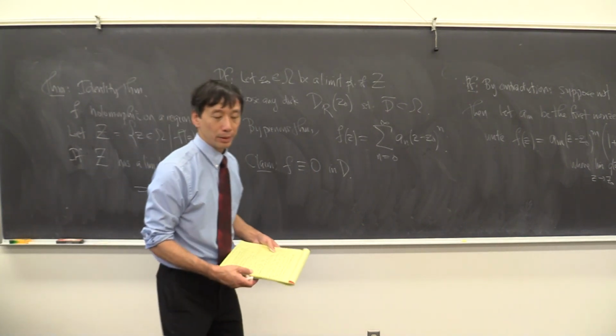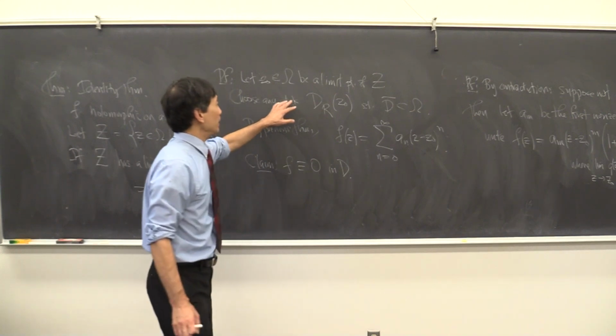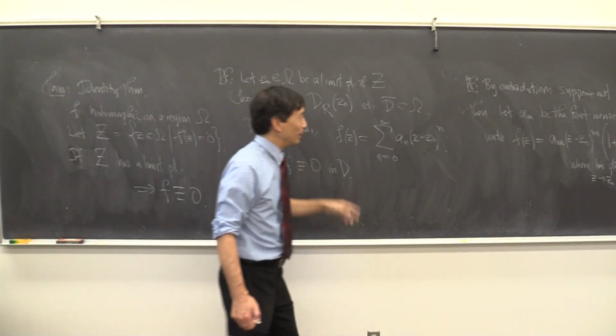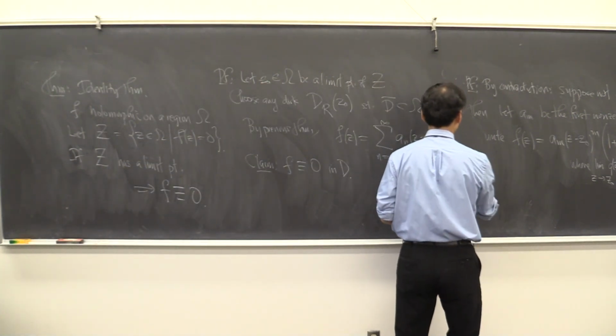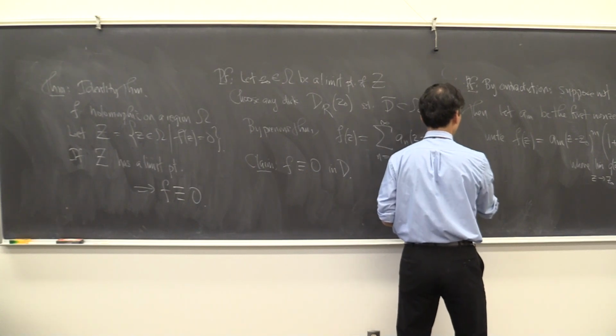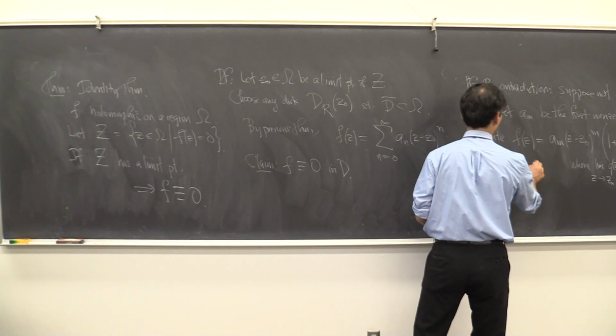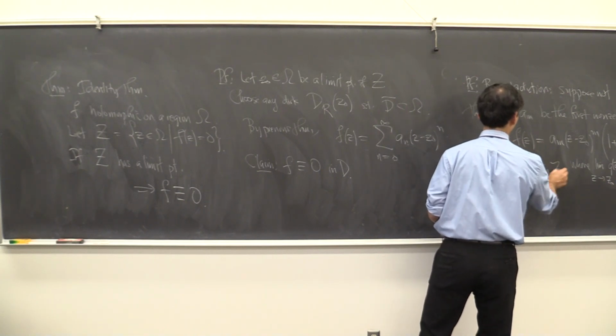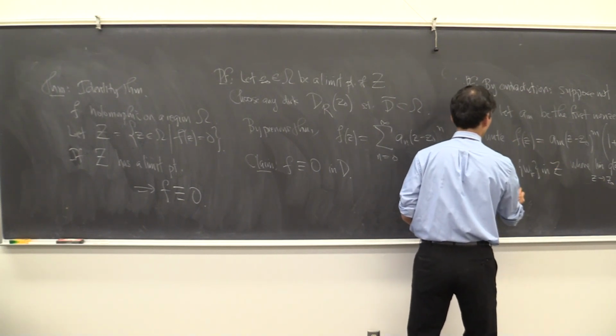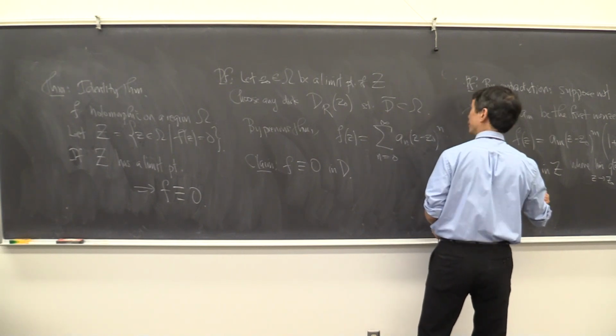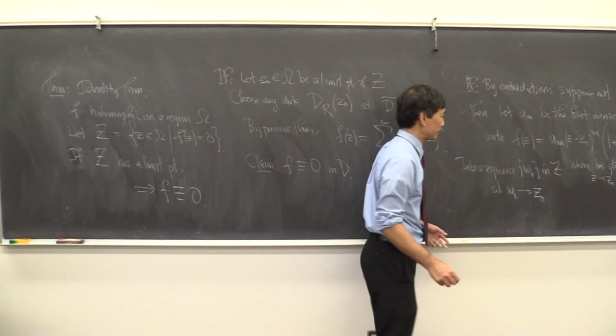Then you use the fact that this is the limit point. Take the sequence w_k in Z that converges to z naught.